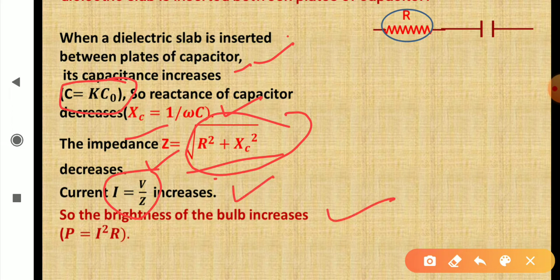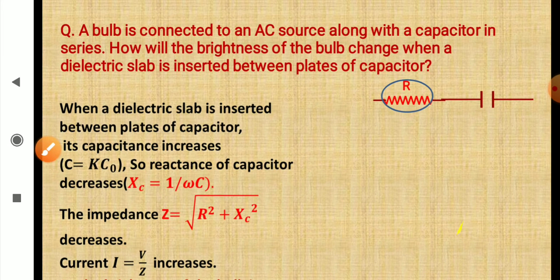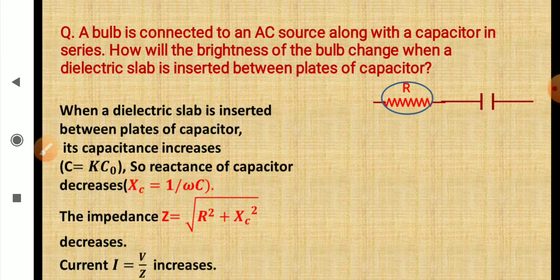So when the current increases, the power dissipated across it, I square R, will also increase. So that means the brightness of bulb will increase. So such conceptual problems are often asked. There can be variations like change of frequency or any other variation.